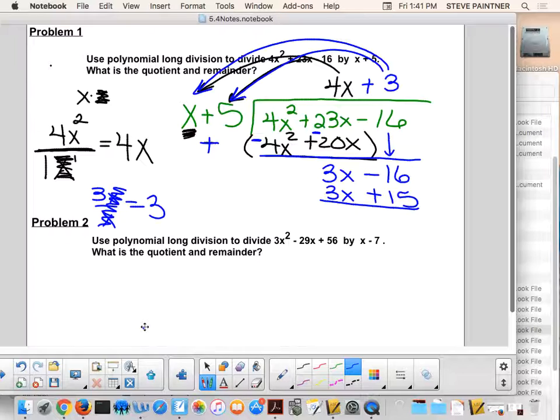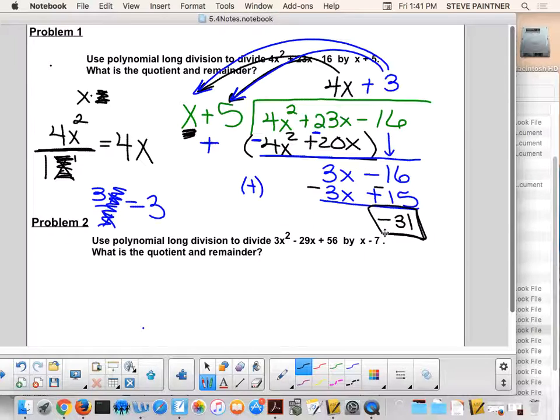Subtract, but subtraction is adding the opposite. Negative, negative. Yes, the x's disappear, but the constants add up to what? Negative 31, which becomes your remainder. So your answer is 4x plus 3 with a remainder of negative 31.